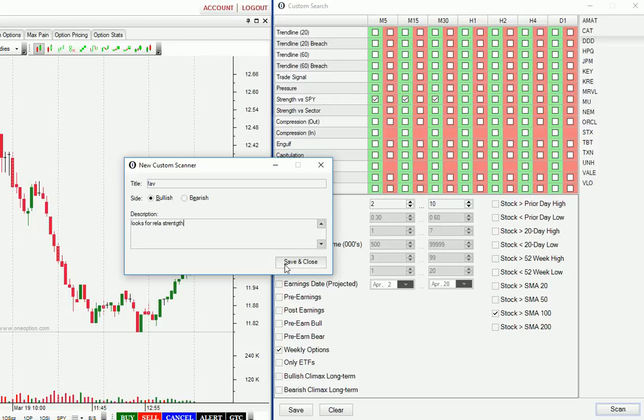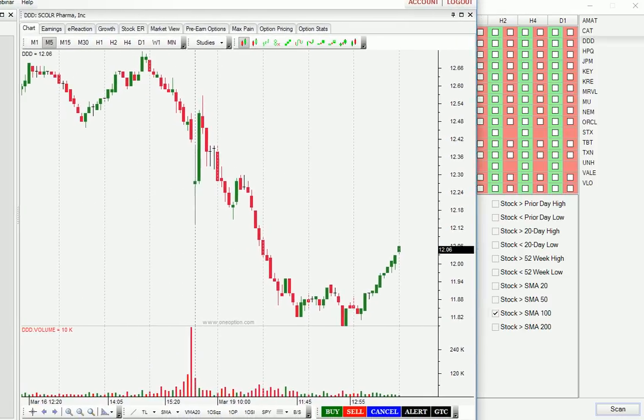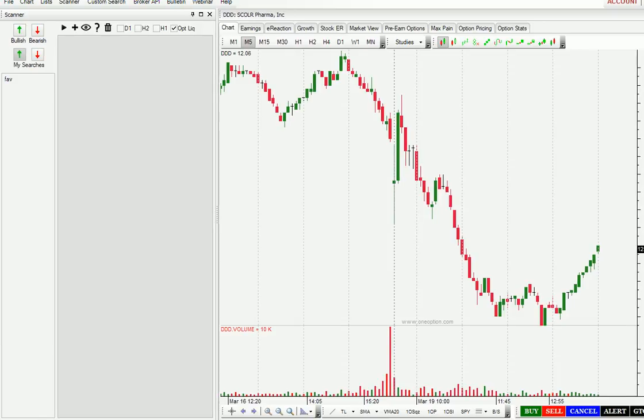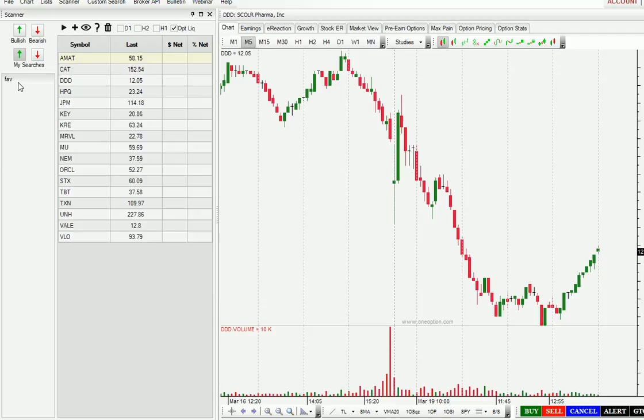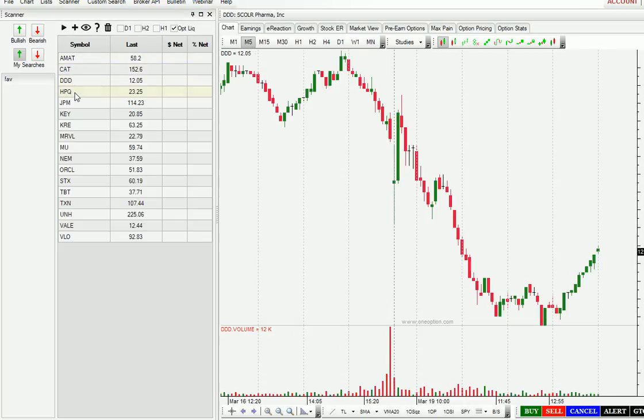Now I'm going to click Save and Close, and I'm going to pull my platform over into the recording area, and now under my searches I can see FAV, and if I click it, then I have all of the symbols that can form, and now I can just click through and see all the results.